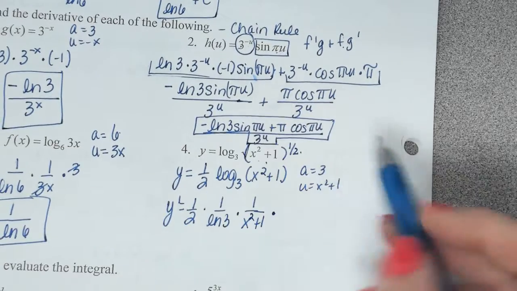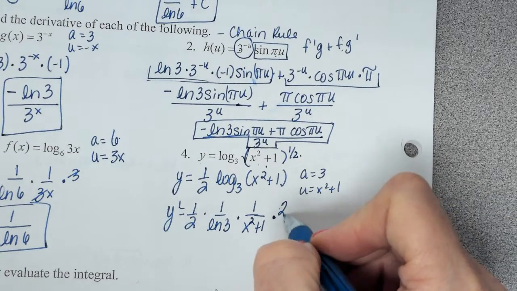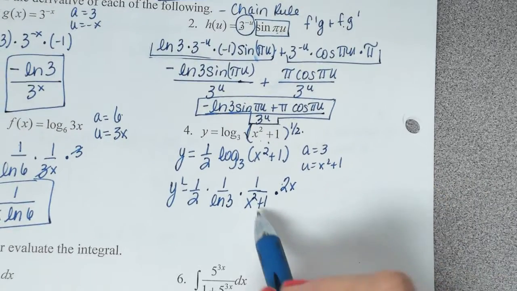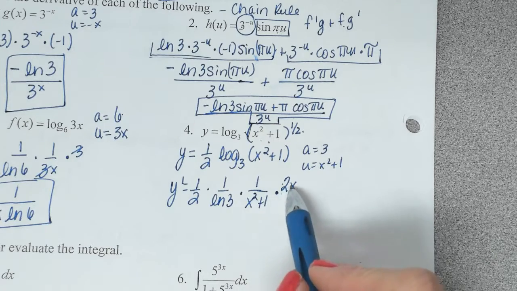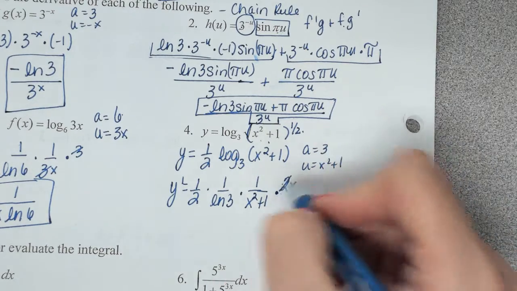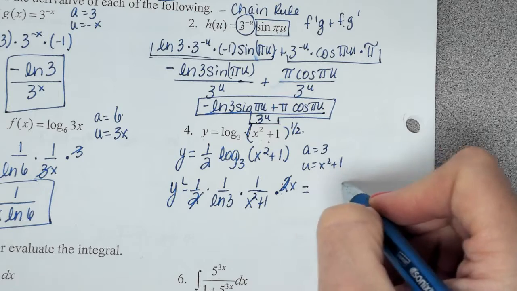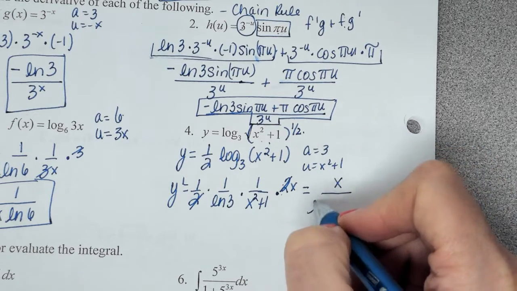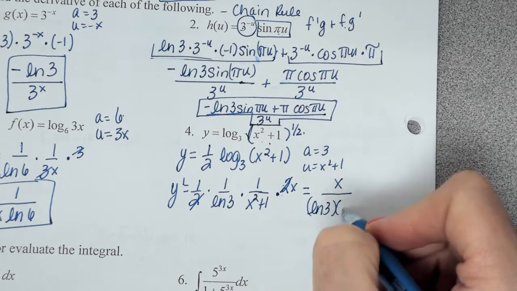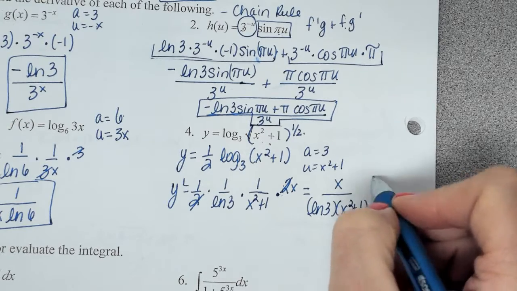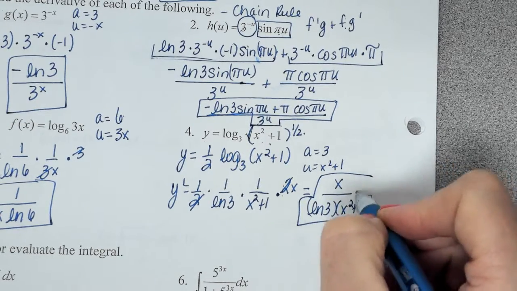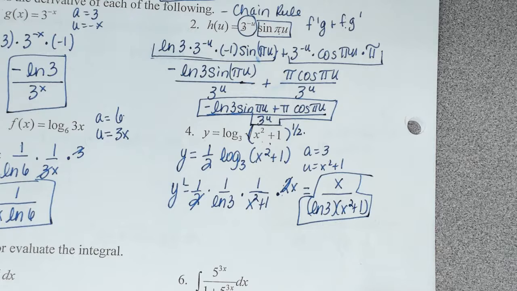What's the derivative of u? 2x. And now I'm going to see if there's anything I can simplify, and there is, because I have 2x over 2, I can cancel those. And so now I have x over natural log 3, x squared plus 1. Questions?